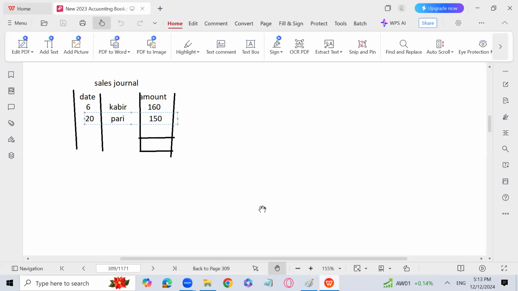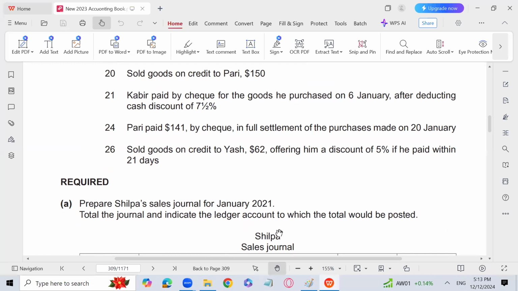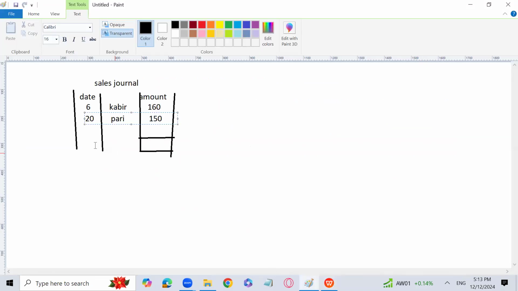Then again, we have sold goods on 26th to Yash 62 on credit. So I will write the date 26. All the goods which have been sold on credit, I will write the amount, and 62 is the amount. Go for the total. You will get the total credit sales, because in the sales journal we record the names of the people to whom the goods are sold on credit, their amount, and their total.